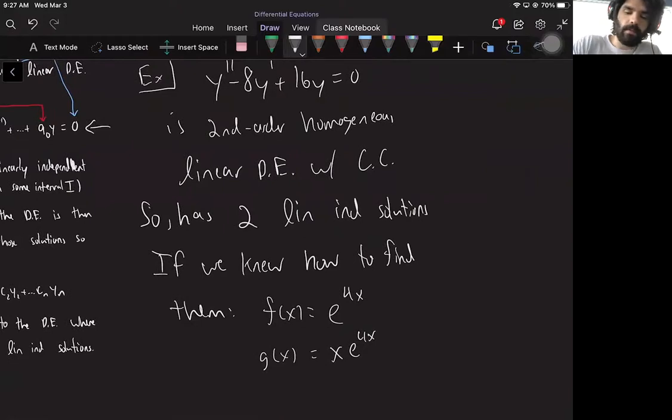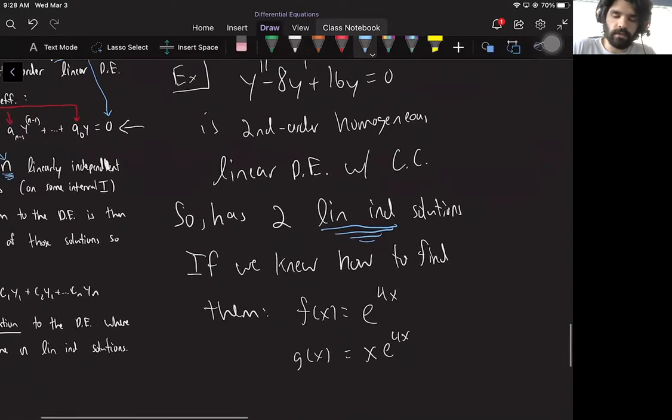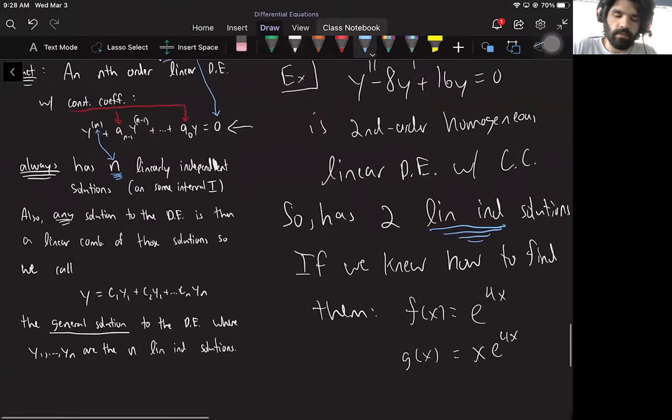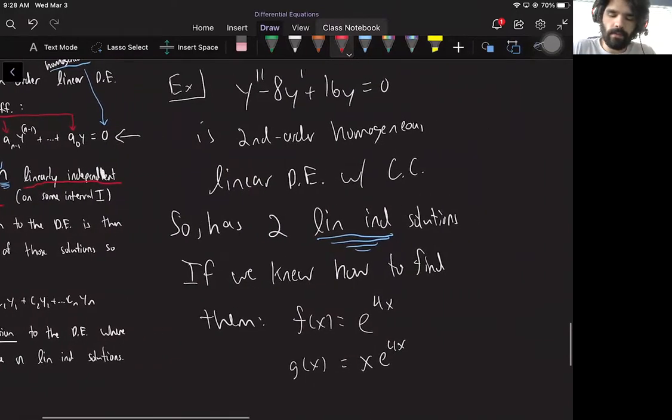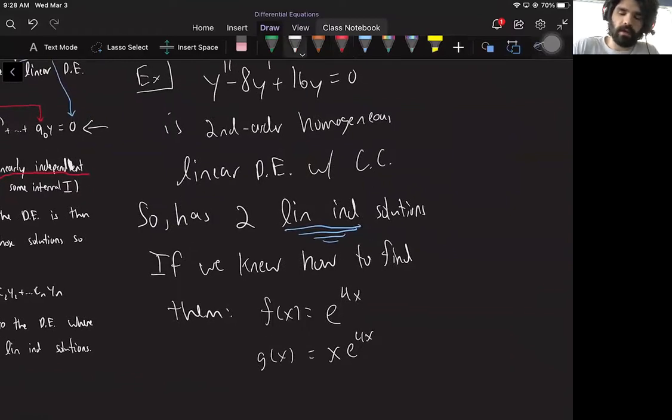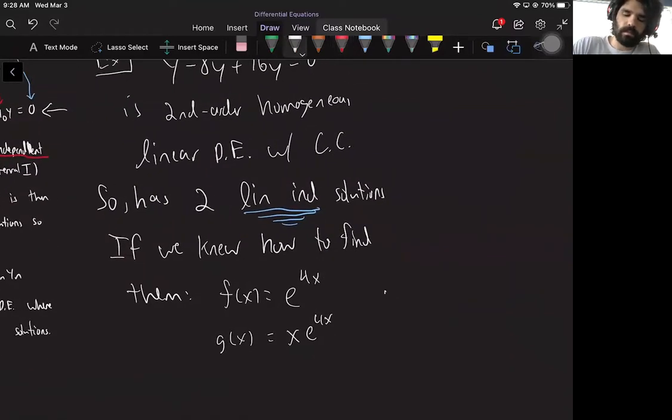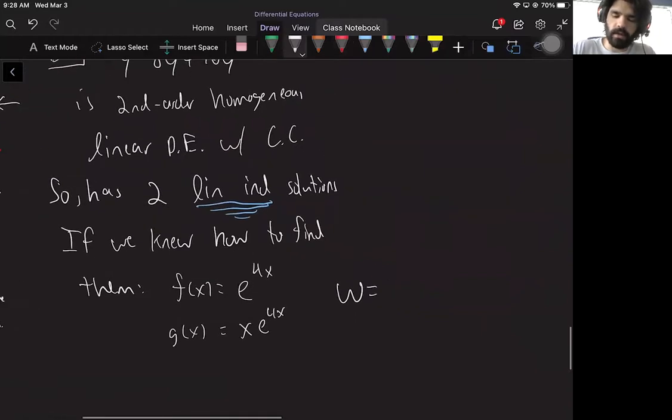But first of all, we have to check if they're linearly independent to continue, because just because I got 2 solutions doesn't mean I can conclude all this stuff unless they are linearly independent solutions. I told you they are, but let's actually check. We can do that quickly by calculating the Wronskian.